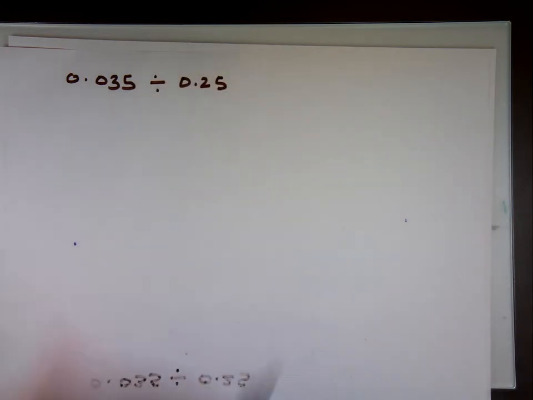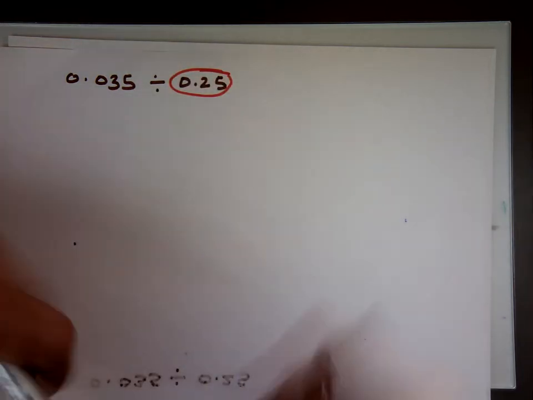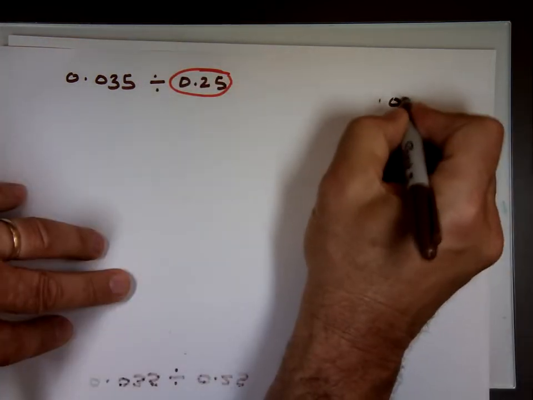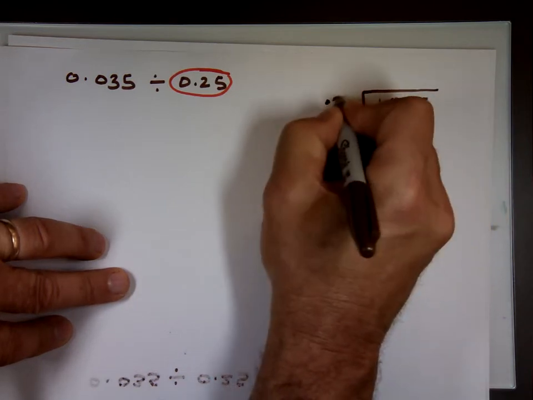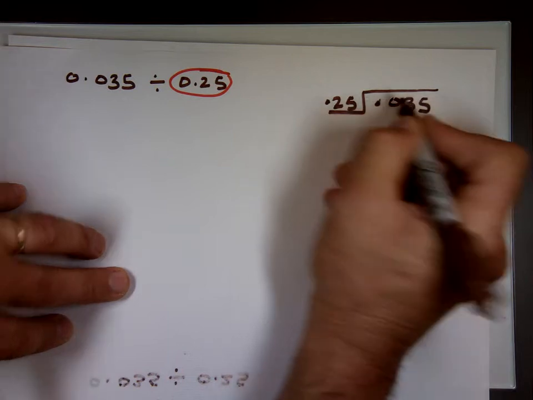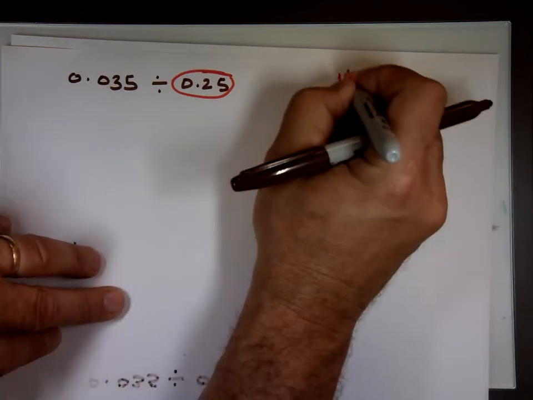This number again has to be a whole number, because if you write that number right now, it looks like this, 0.035 over 0.25. And notice it's not a whole number.